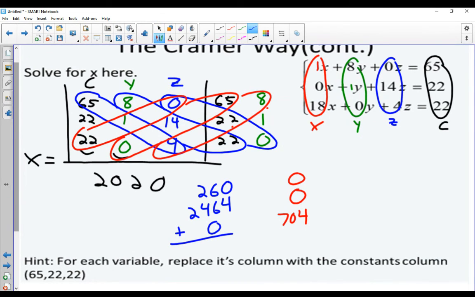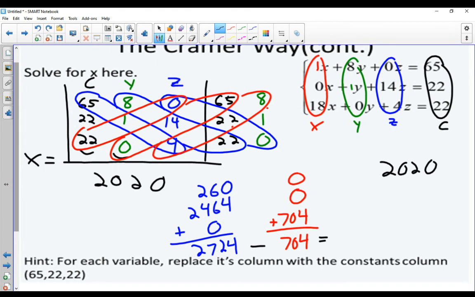Add all the blues together. You should get 2724. Add all the reds, and you should get 704. Once you have those two numbers, subtract. And you should get 2020.